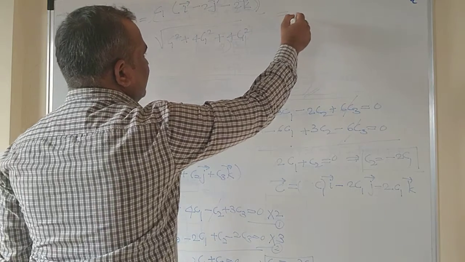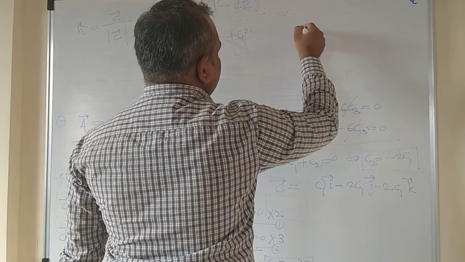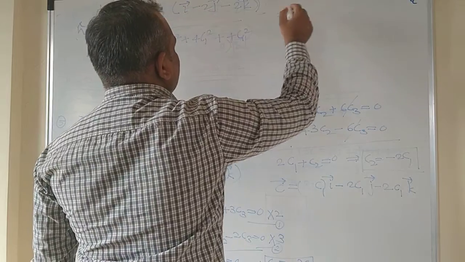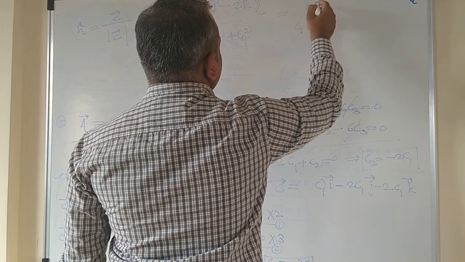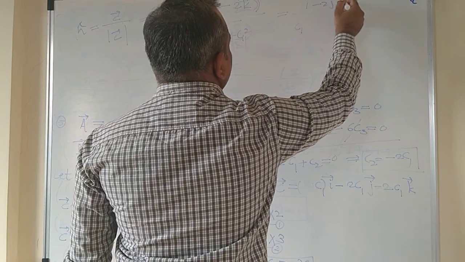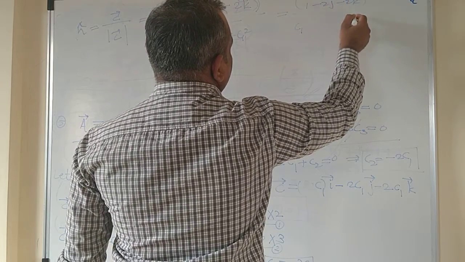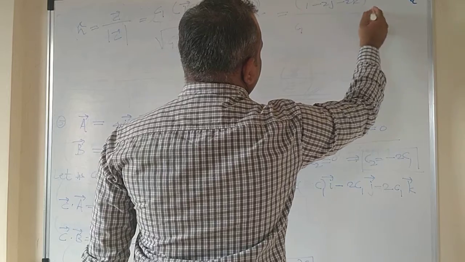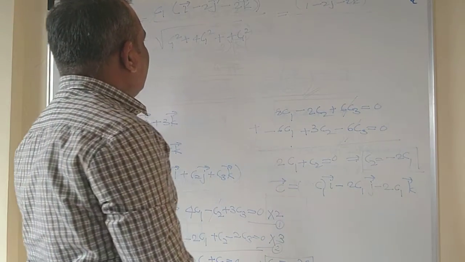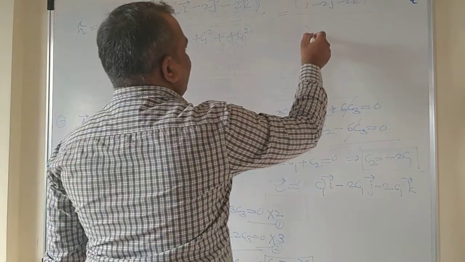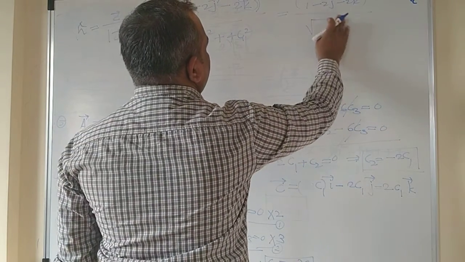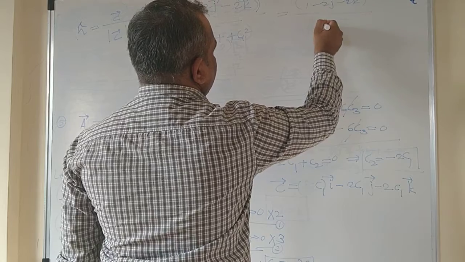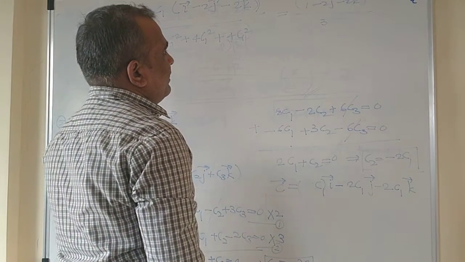So C1 will be outside and this C1 and this C1 gets cancelled. You will get the numerator I minus 2J minus 2K bar divided by, let me write without C1, square root of 4 plus 4 plus 1, that is 9, and you will get 3 directly, right?